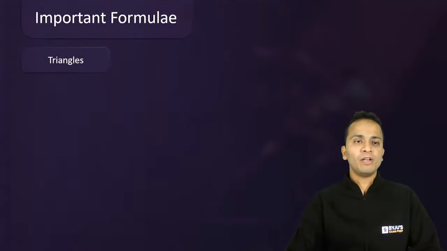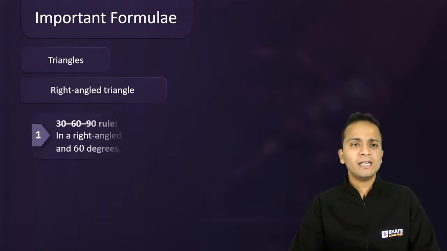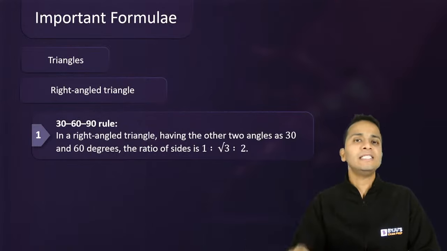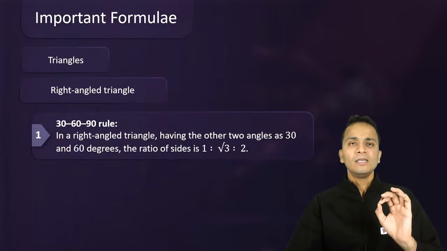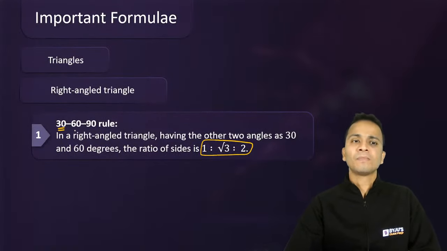So these were the formulas for the area of triangles. Now, some important things about right angled triangles. First of all, if a right angled triangle is a 30, 60, 90 degree triangle, then the ratio of the sides will always be 1 is to root 3 is to 2, and these sides are respectively opposite to the 30-degree angle, 60-degree angle and 90-degree angle.